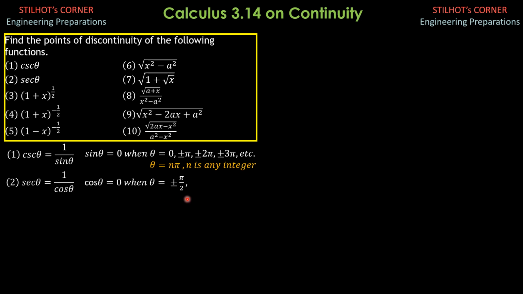So these are the points of discontinuity, because cosine of these angles in radians will be 0, and this makes secant theta undefined. Therefore, in general, the points of discontinuity would be n pi over 2, where n is any odd integer.